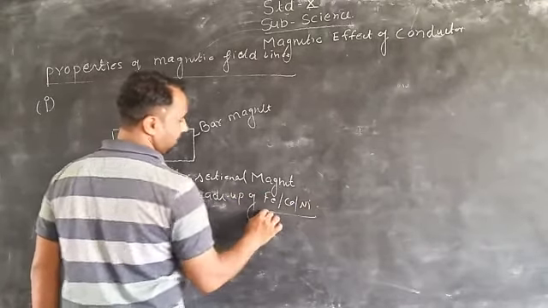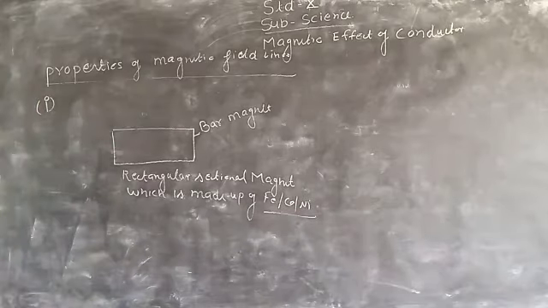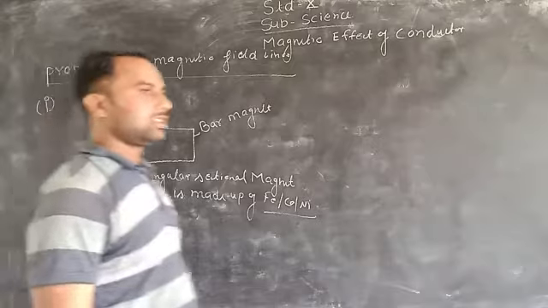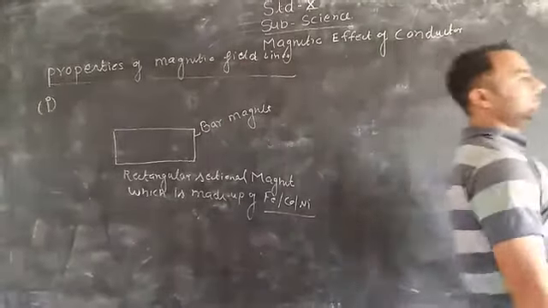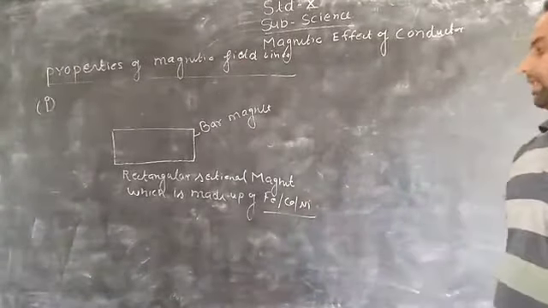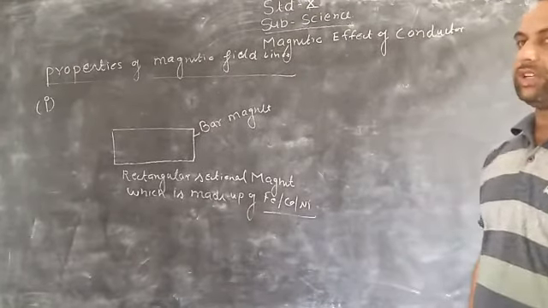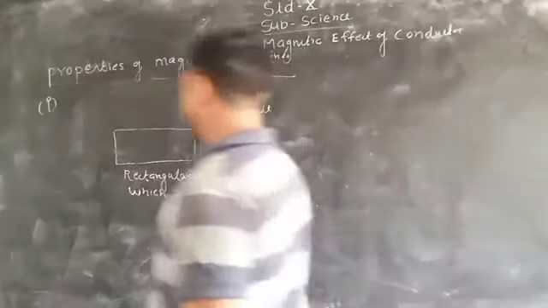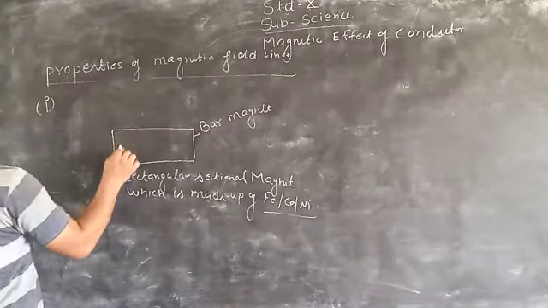A simple bar magnet is a simple magnet with a rectangular cross section, and it is made up of Fe, Co and Ni atoms, and there are two poles here.